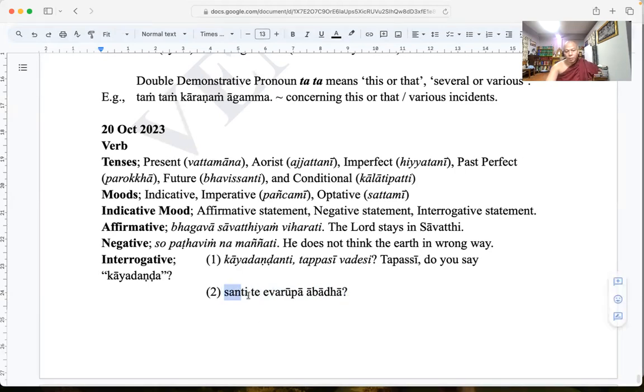But here the verb "santi" is at the very beginning. Sometimes a question can be understood this way, but not all the time. So in this way, moving the verb to the beginning of a sentence, we can also make a question.